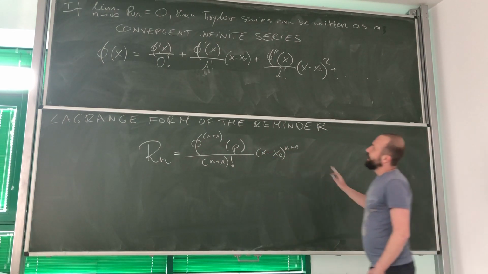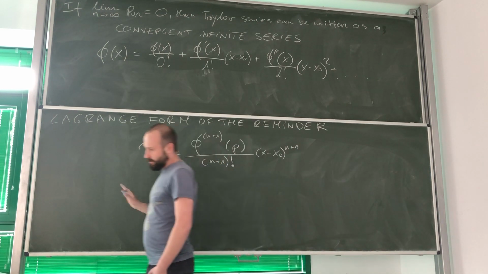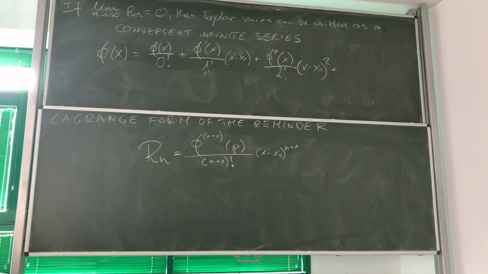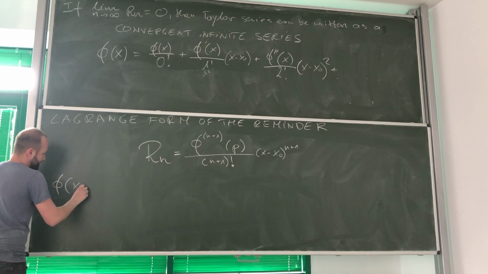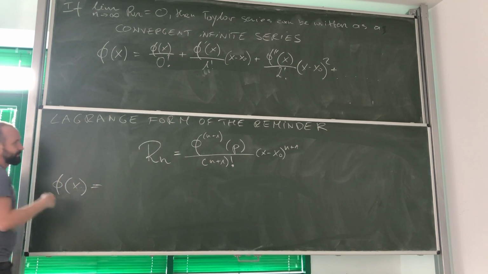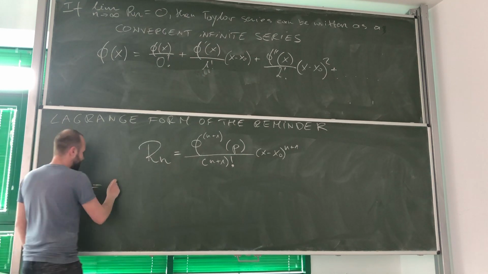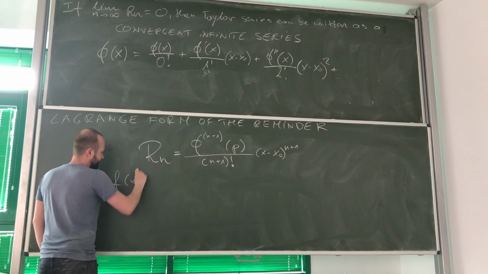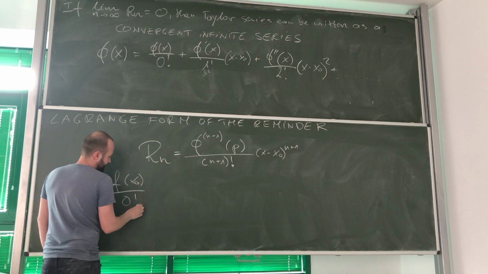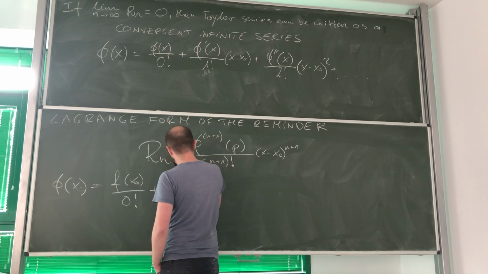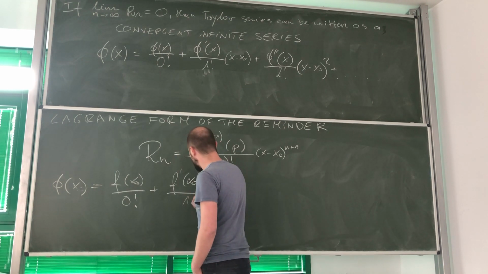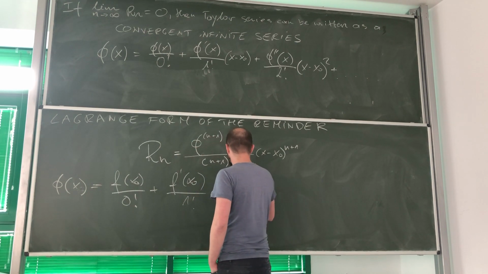Okay, imagine that we've got a Taylor series. We are expanding the function at some point x0, and we get f of x0 over 0 factorial plus f prime of x0 over 1 factorial times x minus x0.